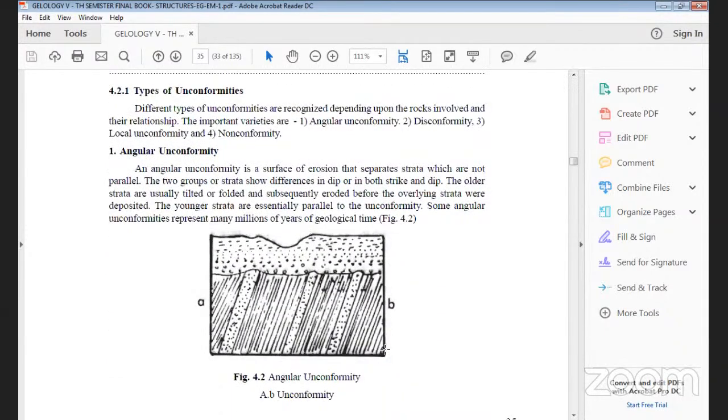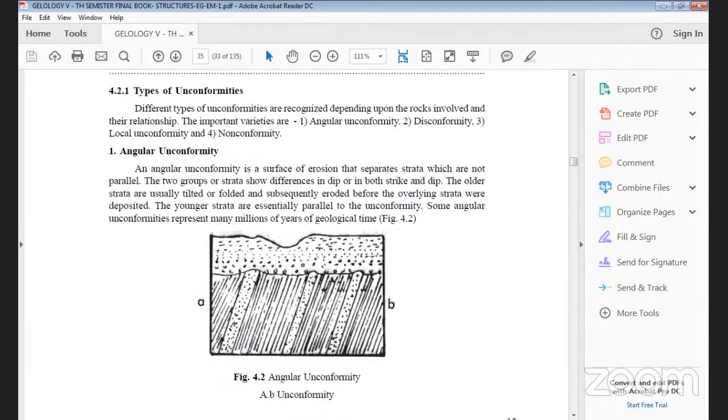There are four types of unconformities, depending on the formation of the rocks, which rocks were involved, and their relationships. They are: first, angular unconformity; second, disconformity; third, local unconformity; and fourth, nonconformity. An angular unconformity is a surface of erosion that separates strata which are not parallel.